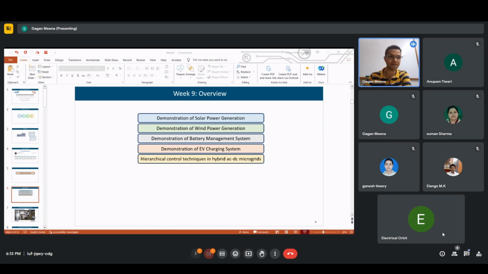Their time step is in microseconds. So it's as if everything is happening in real time. If we change something, we can observe the impact of that change within a few milliseconds or microseconds. So that is the benefit of using these real-time digital simulators, and that is why we are using them.